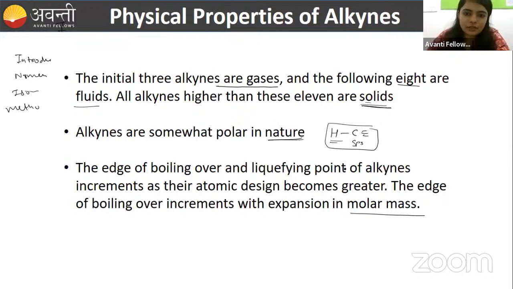I think this is clear. This was a repetition of the previous compounds: if they have lower molecular mass, they are gases; as molecular mass increases, they convert into liquid, and higher molar mass is solid. And this is new: polar in nature. Other hydrocarbons are not that polar, but this is polar.